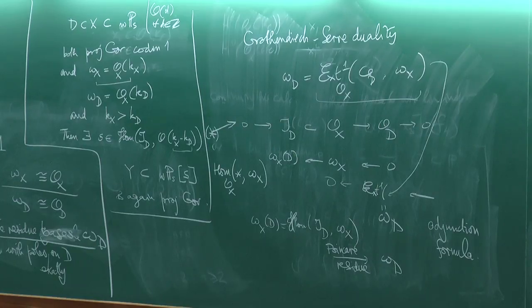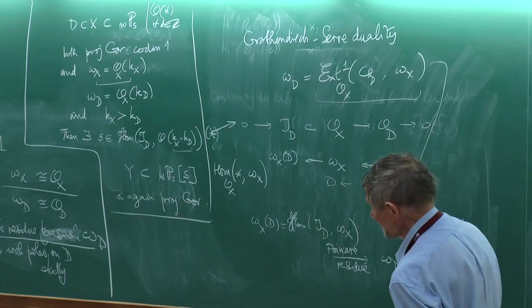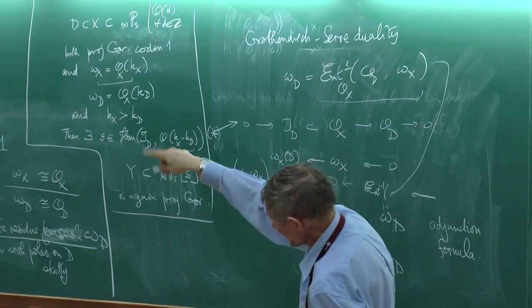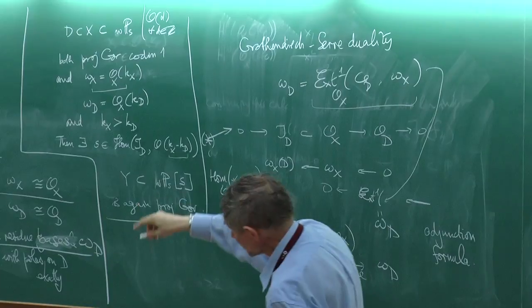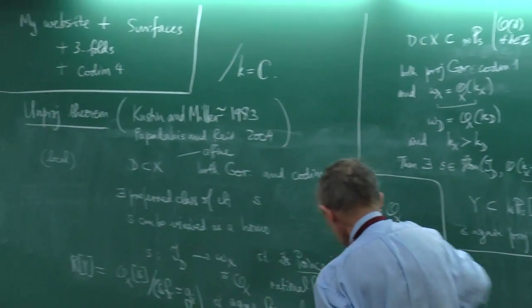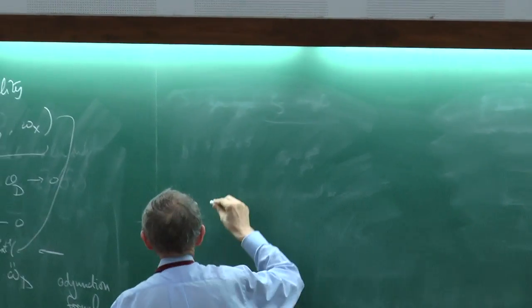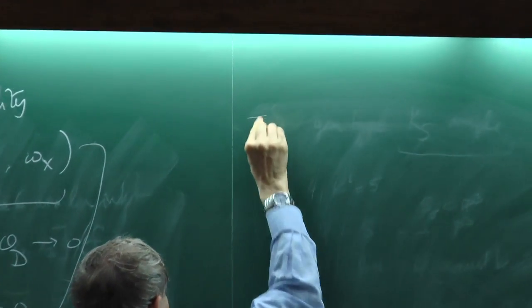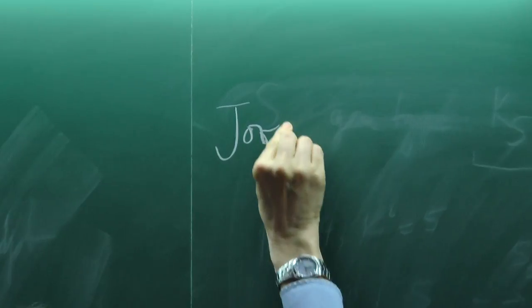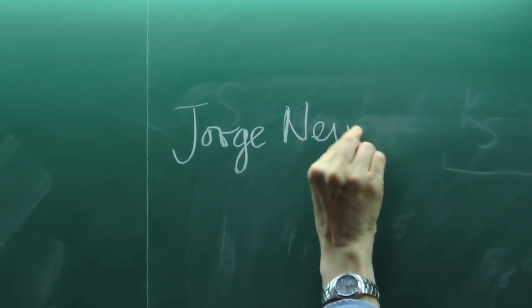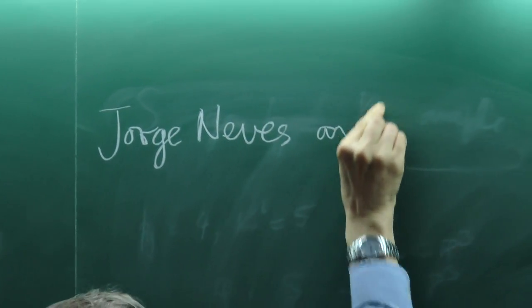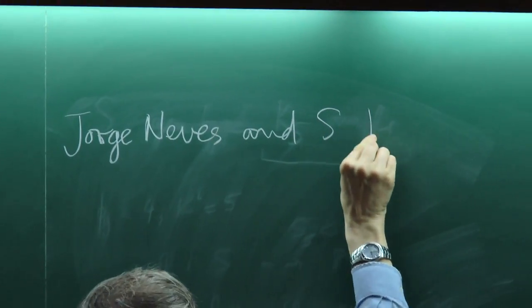So if you want to know more about it, you can look at the papers I refer to on my website here, or just Google Papadakis and you'll find this. So this result I want to talk about is by Georges Neves and Stavros Papadakis.